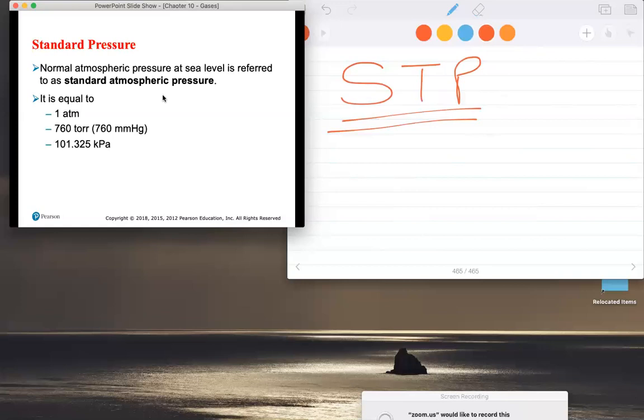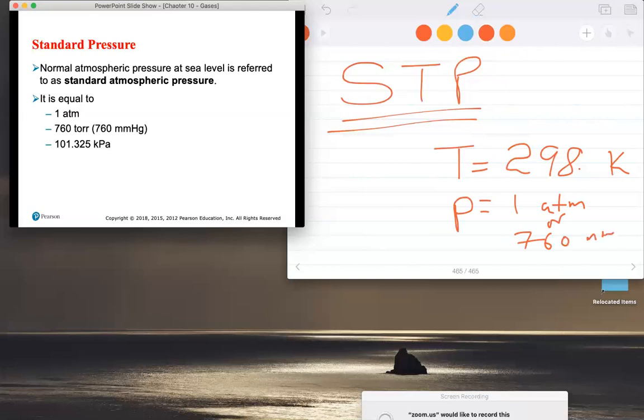When you are at standard temperature pressure, temperature is 298 Kelvin. Pressure is 1 atm, and we know 1 atmosphere is the same as 760 millimeter mercury.